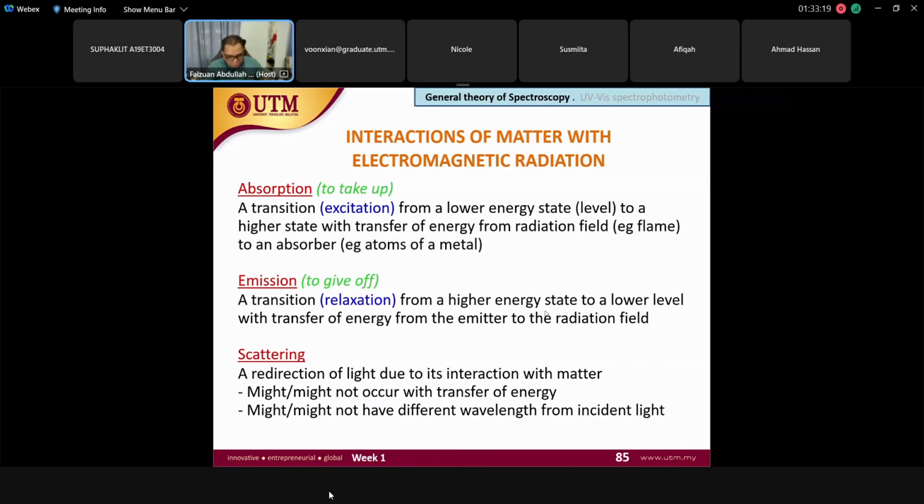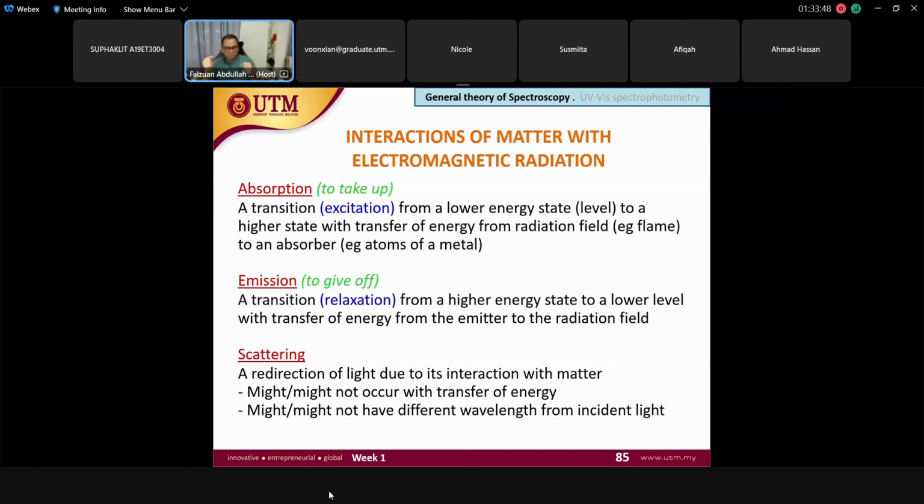What is emission? There are some instruments using the concept of absorption, like I said previously, but some instruments use the concept of emission. The instrument excites the sample first. How do we supply the energy to the sample? Burn it using a flame, or plasma and so on.